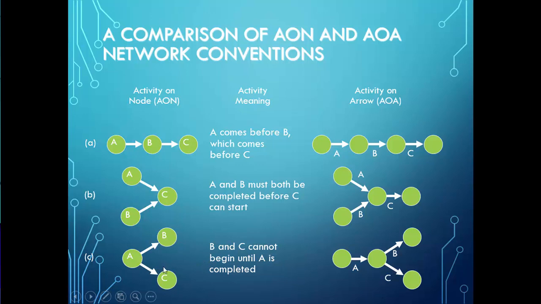Now look at the activity on node: we have three nodes that represent the tasks, while here I have to add a fourth node to make sure that I'm capturing the arrows going to the different activities, because the activity is on the arrow, not on the node. That is the difference between activity on node and activity on arrow.